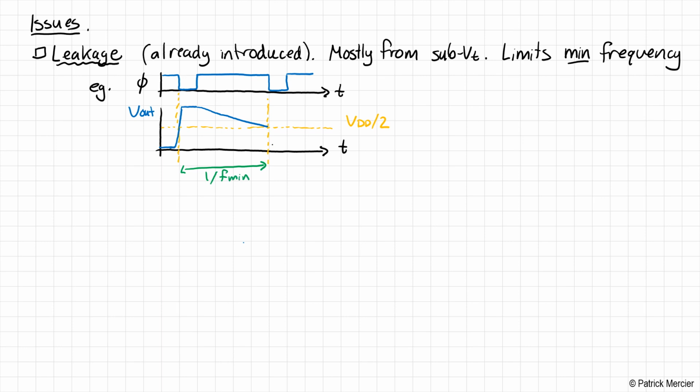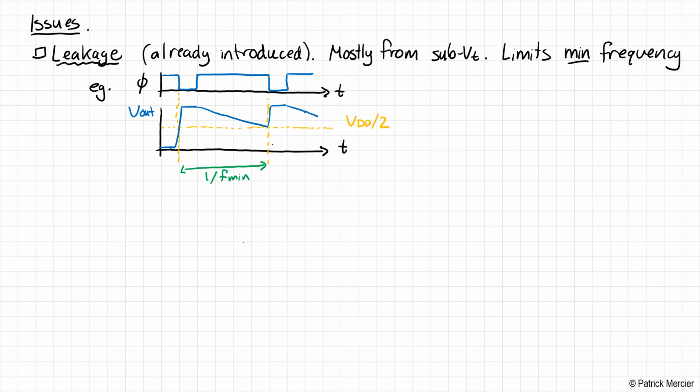Then this process will continue as shown here. If we were to clock our circuit at a slower frequency than this, leakage would basically totally disrupt the logic stored on the capacitors in our dynamic circuit.